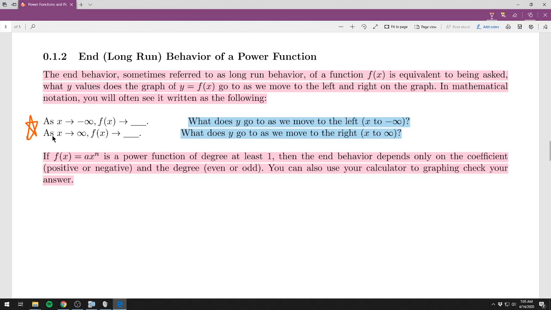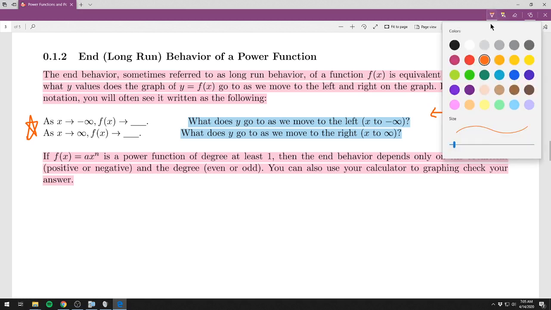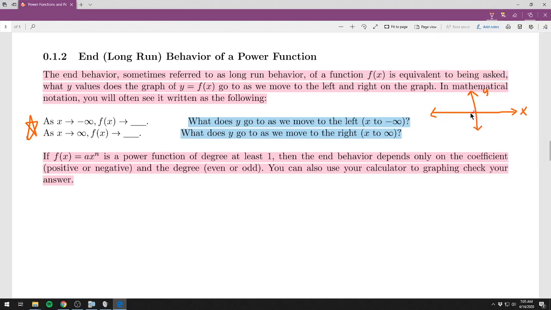But for the notation, as x goes to negative infinity, think about the number line or the xy plane. If we're saying x goes to negative infinity, really what we're saying is what happens as we go to the left. That's what I have outlined here. If x goes to negative infinity, if we're going to the left, what does the y value go to?